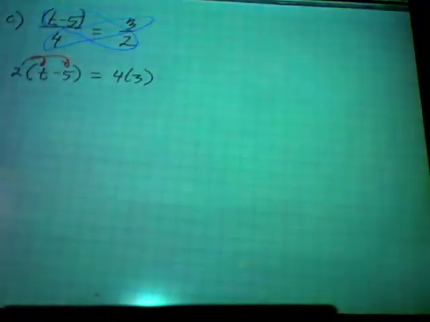So you got 2 parentheses t minus 5 equals 4 times 3. What do you do with that 2 times t minus 5? So we're using some of our algebra skills, right? We're combining those. I get 2 times t is 2t. 2 times negative 5, negative 10 equals what? 12. Multiply 4 times 3, 12.